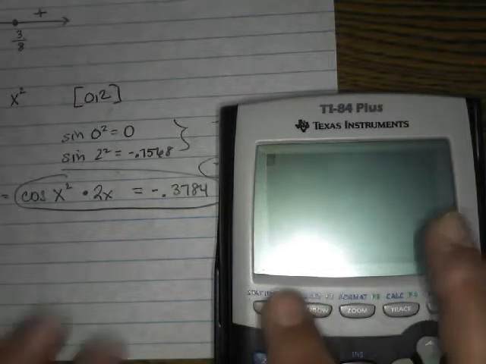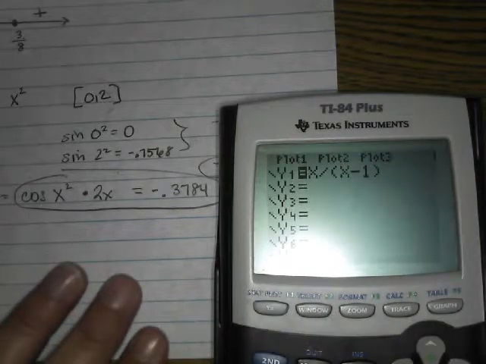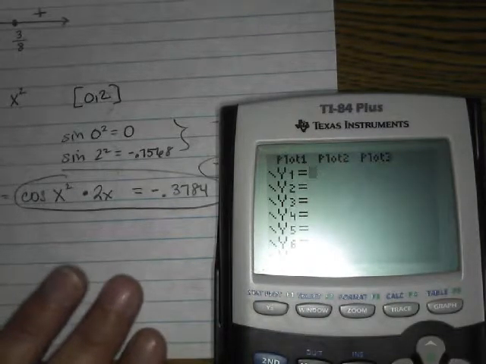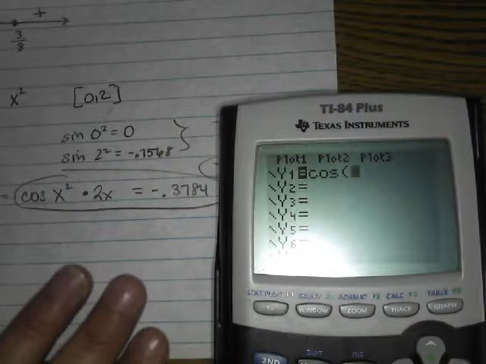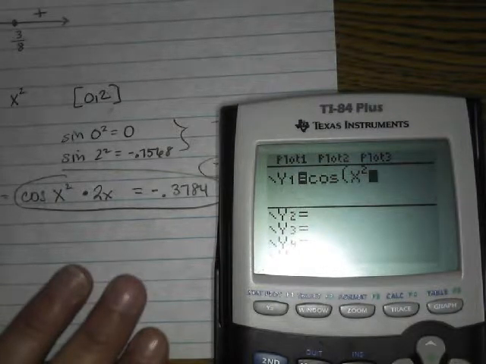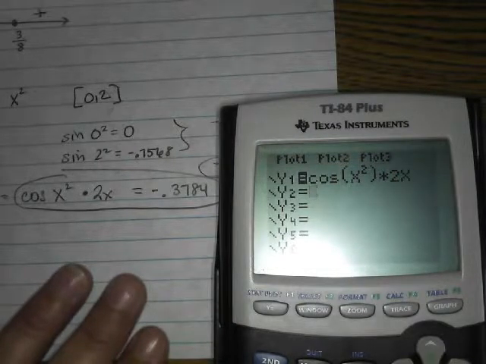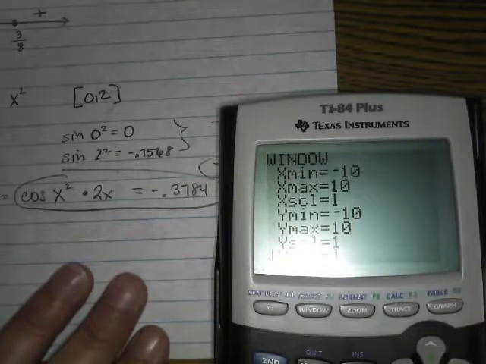Cosine of x squared times 2x is one side of the equation, and negative 0.3784 is the other. I'm going to make my window from negative 5 to 5 and negative 5 to 5. Ooh, gross. I'm just looking between 0 and 2, right? That makes my life easier.